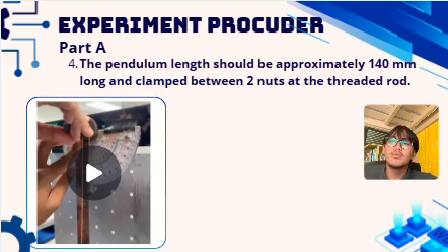This process will be repeated for a total of 3 time measurements, and we record the time in table 6.2. Then this step will be repeated again, but this time using angles of 20 degrees and 30 degrees. And lastly, we are going to do the same thing for plumb bob B and C.